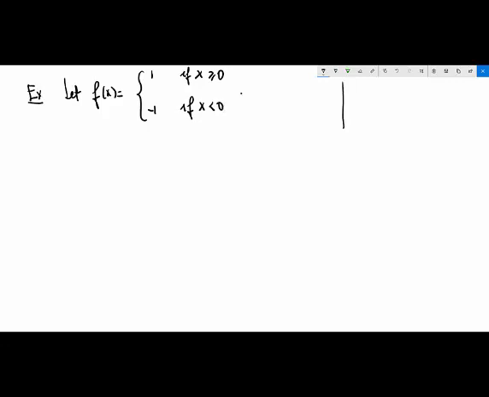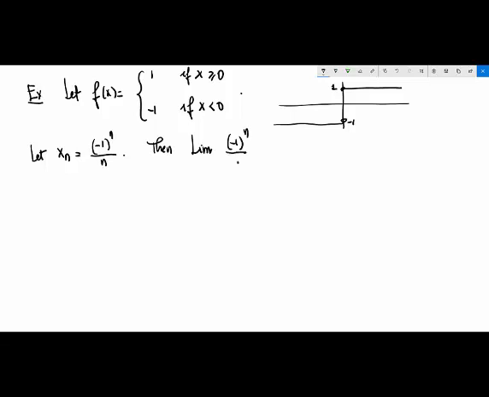So its graph is looking like this. Now let xn be the sequence given by -1 power n over n. Then clearly you will agree that the limit of -1 power n over n as n is approaching infinity is 0. So this sequence is going to 0.